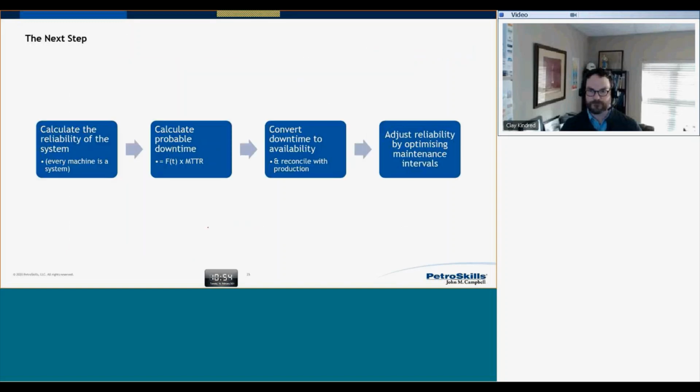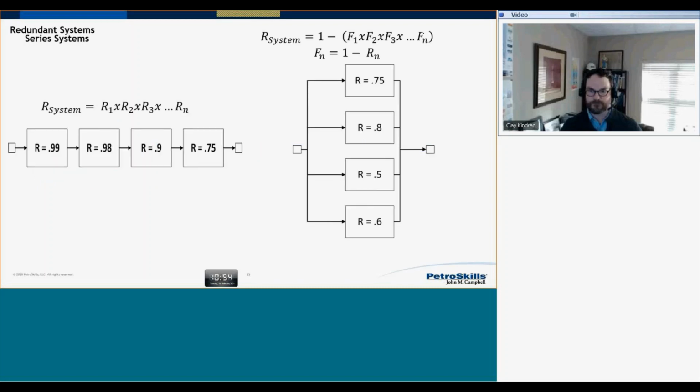So now we've got the basics, we can calculate the reliability of a system. Don't forget, every machine's a system. Once I've got my probability of failure, multiplied by the MTTR, mean time to repair, that's going to give me my downtime. That means I can calculate my availability, and I can optimize that and work with production to make sure this is acceptable. This is what they need.